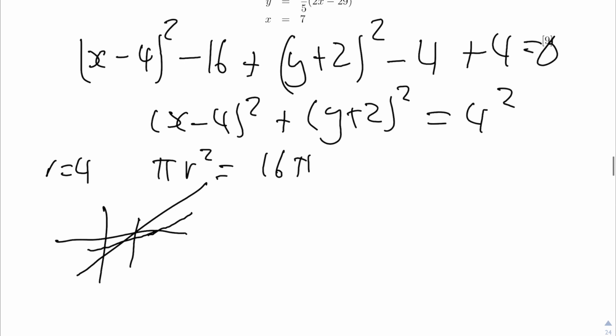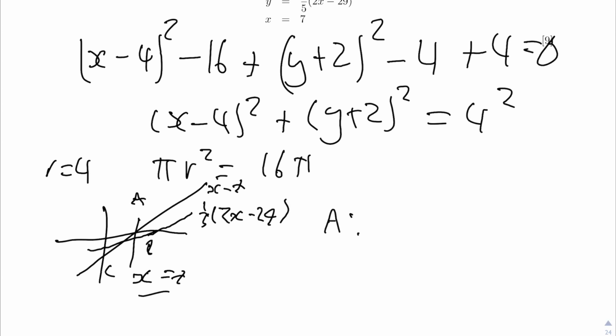So y equals x minus 7, y equals a fifth of 2x minus 29, and x equals 7. So we know that the intersection, I'm going to call this point A, this point B, this point C. So you know that point A is the intersection between x equals 7 and y equals x minus 7. So we have x equals 7, and then y simply just equals 0, because putting 7 into that.